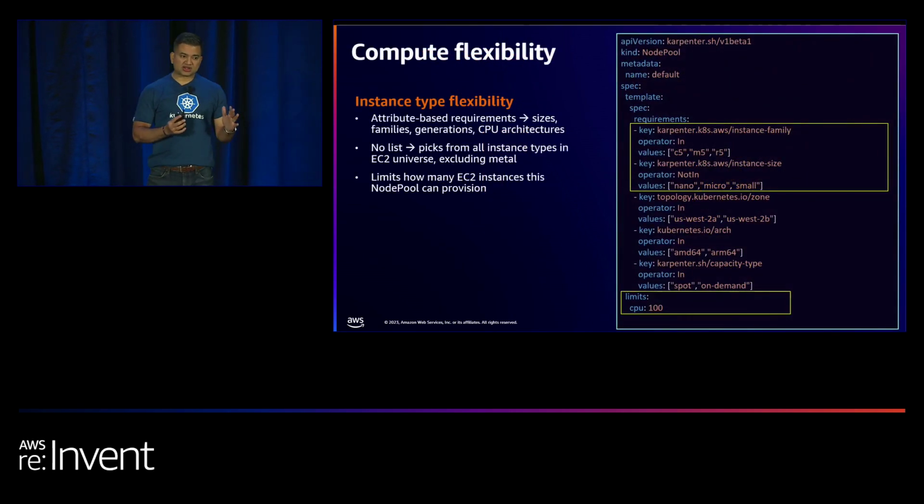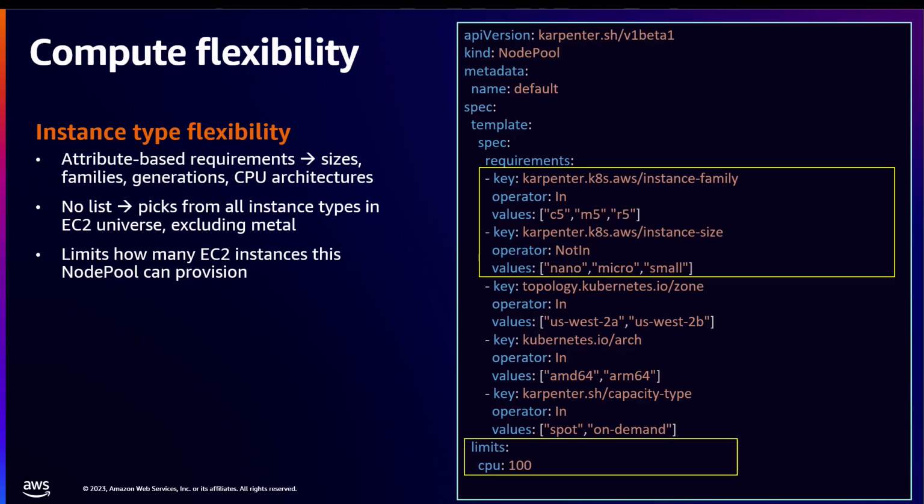Remember I talked about node pool before. Think about this as a YAML file where you can define what kind of EC2 instances you want to provision. Anytime a pod goes to a pending state and the scheduler talks to Karpenter, it sees this YAML file. So let's go through this.